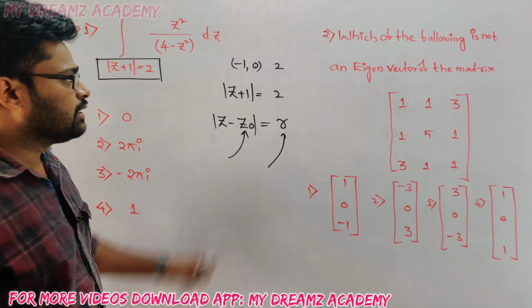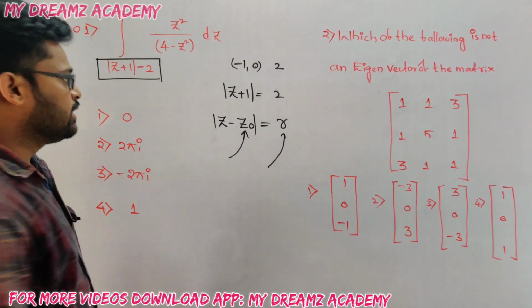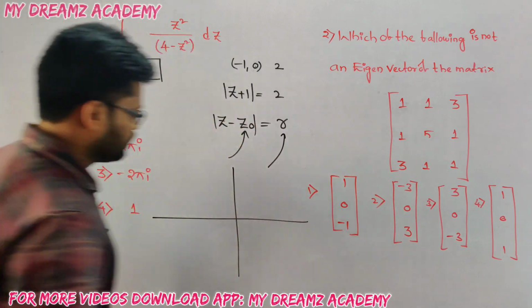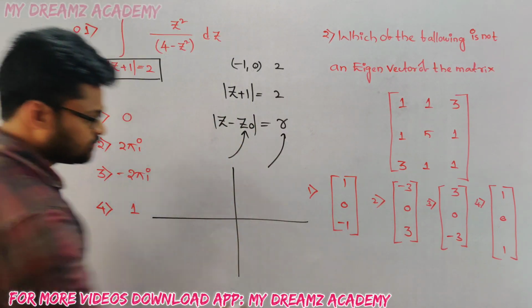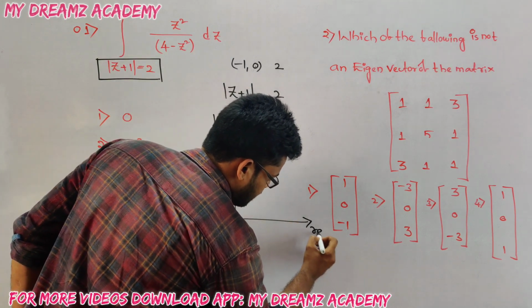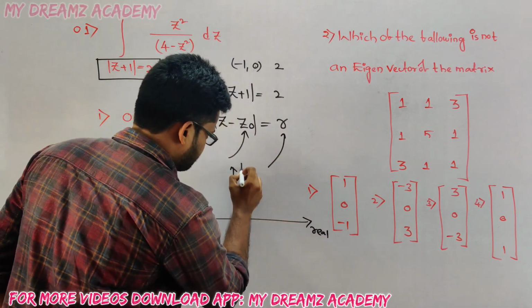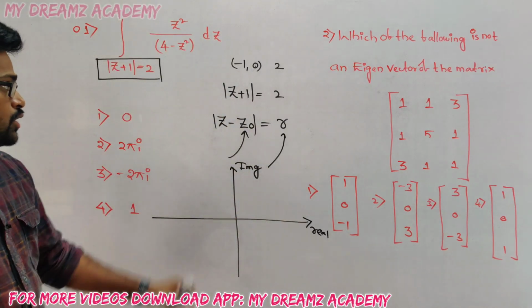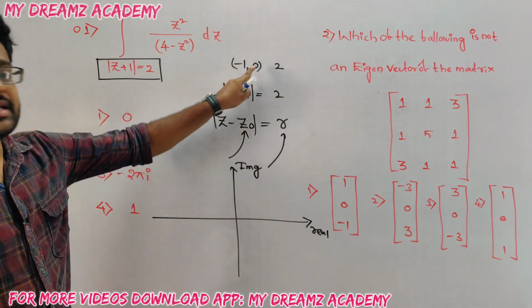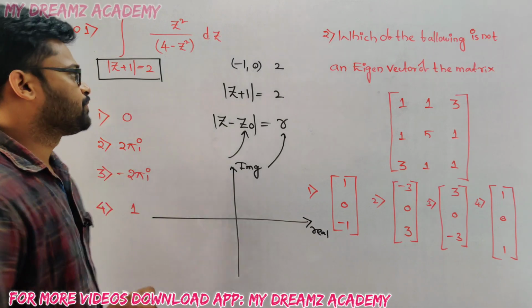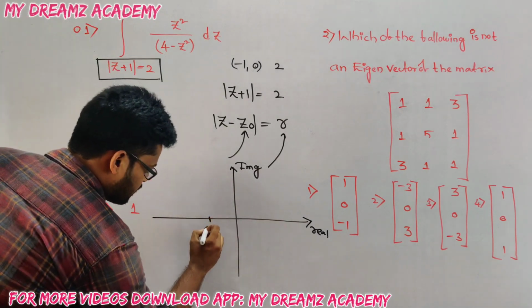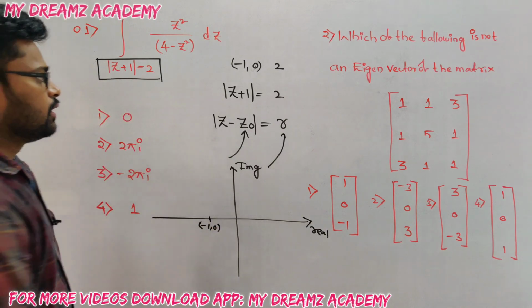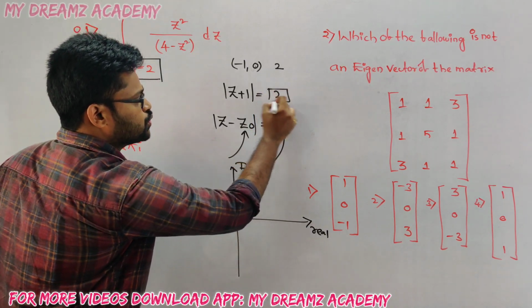Draw a circle by using this information. This is the complex plane, the real axis and the imaginary axis. The center of the circle is minus 1 comma j0, here minus 1 comma 0. The radius of the circle is 2.